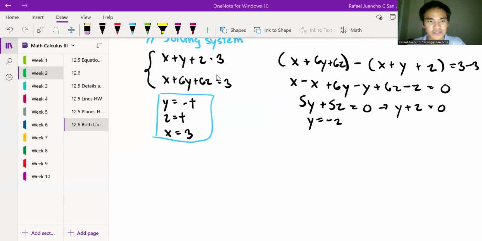So x of t is always 3, y of t is negative t, and then t for z of t. Yeah. Oh my goodness, there's a video. I could have watched the video. Okay, I should have done that.